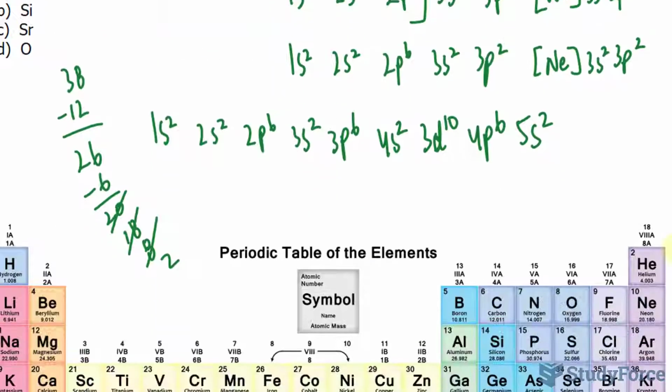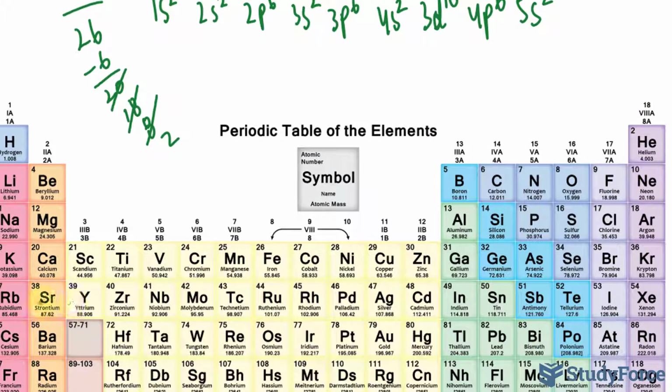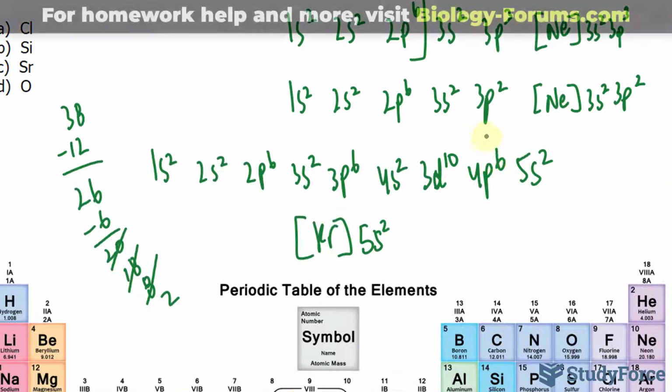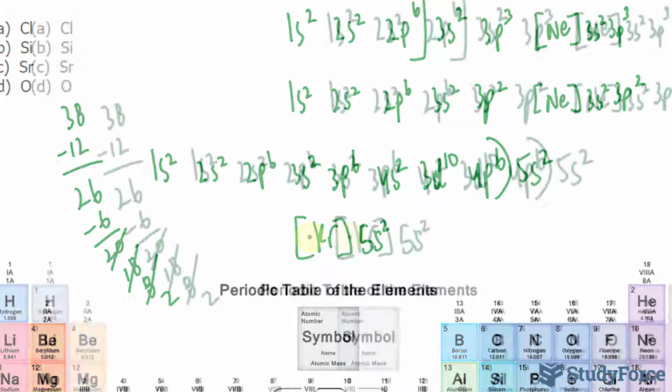Now, we want to write this in shortened form, and taking a look at these noble gases, the closest one to it is krypton. And that has 36, so we'll write down Kr in these square brackets, 5s2. So everything to the left of this bracket can be represented as krypton.